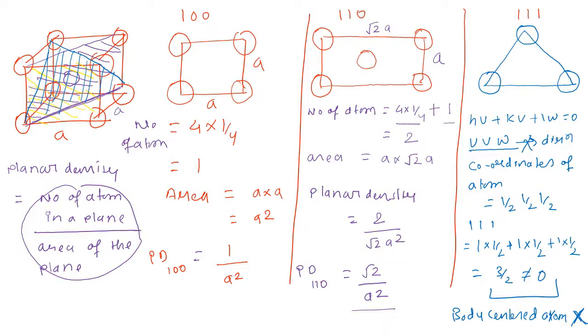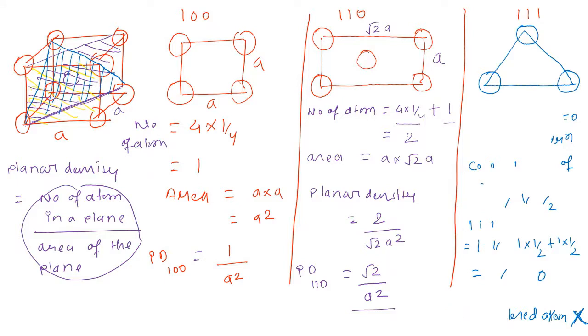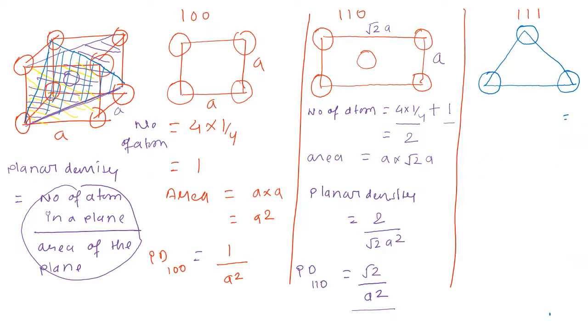So let me erase it. As I mentioned, it does not lie in that particular plane, and we have seen it quantitatively as well. Let me rub it off. Now we will see the number of atoms.